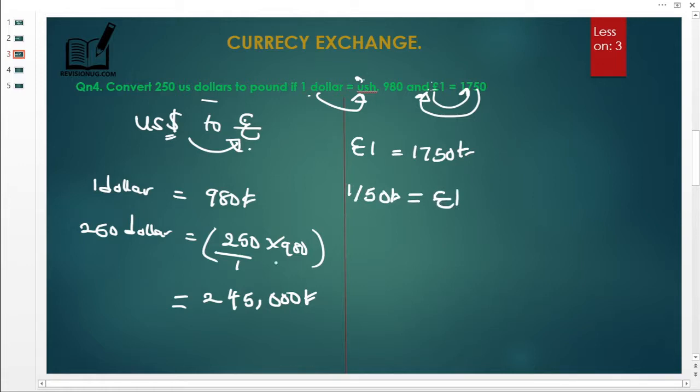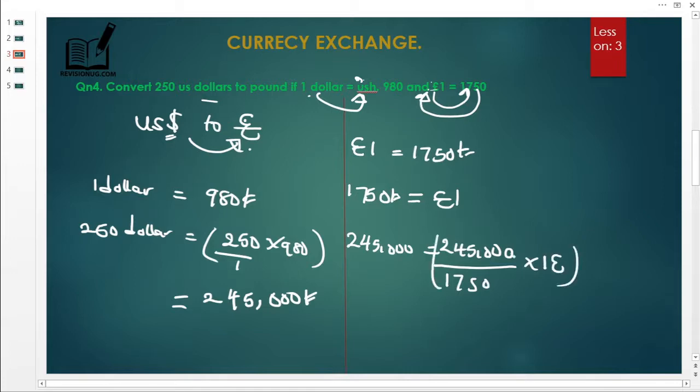Then how about 245,000 shillings? We get 245,000 shillings over 1,750, times 1 pound.